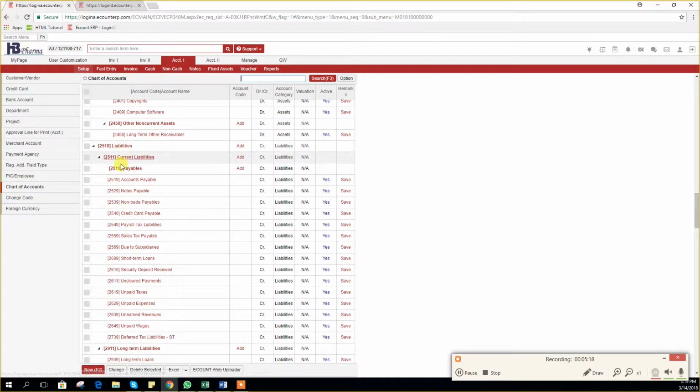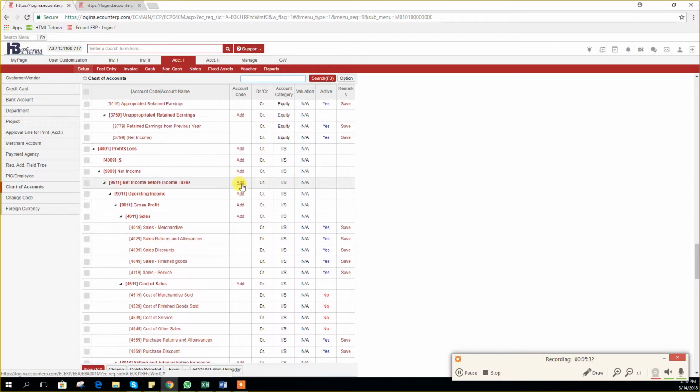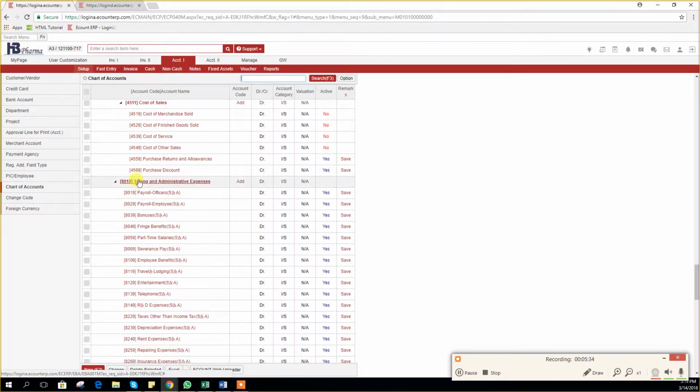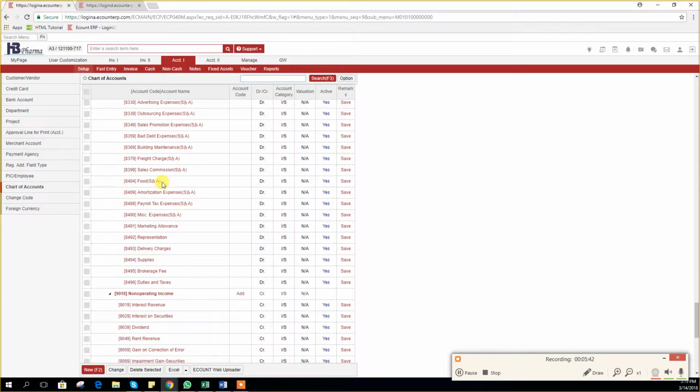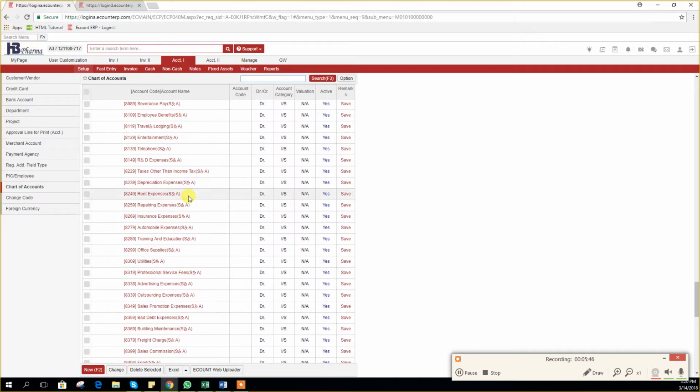Let's say you need to add another payables or another current liabilities, because these accounts are going to be displayed inside your balance sheet and income statement. So for example, selling and administrative expense, this is probably what you are going to be using. So how do you create an account?